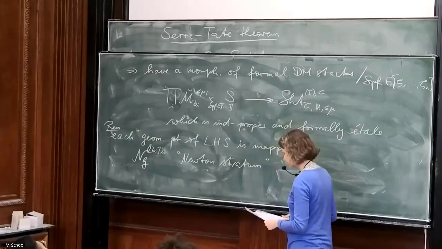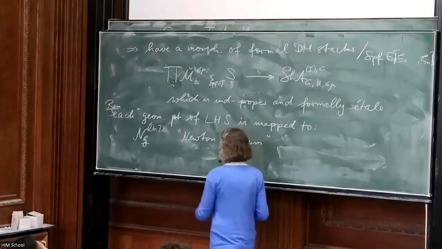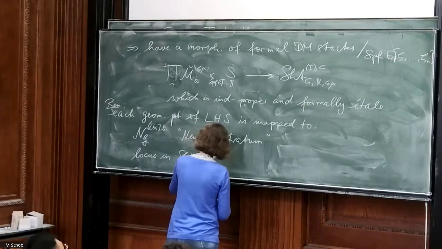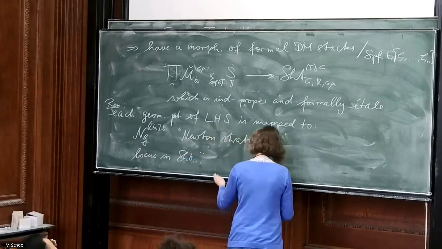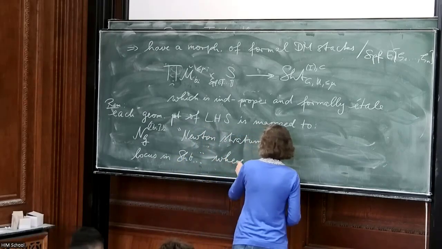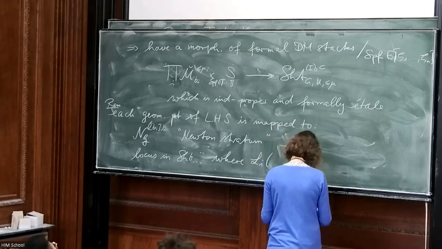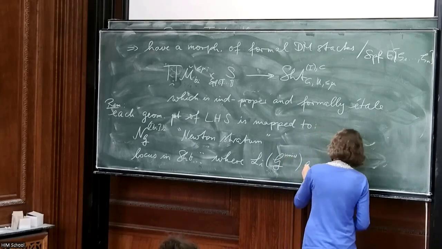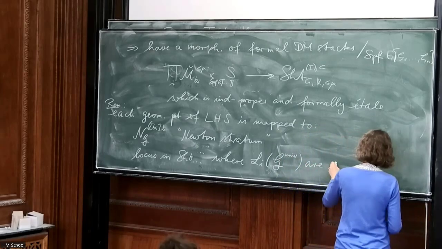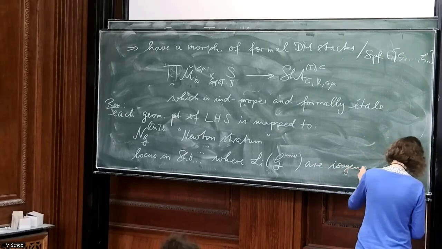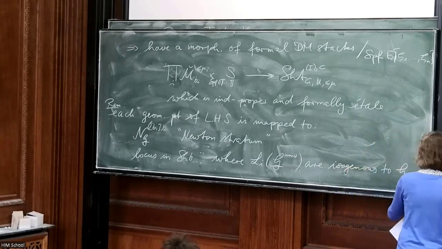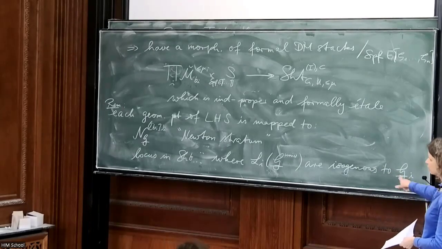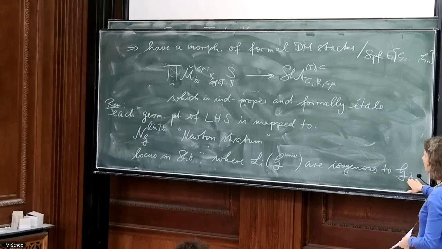What is this? This is the locus in this Shtuka space with all the decorations where the associated local G-Shtukas are isogenous to the given local G-Shtukas, and recall these were defined using these B_i. This is why I put B_i and not G_i underline.